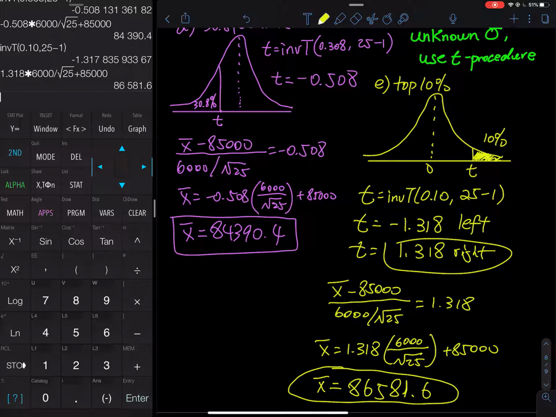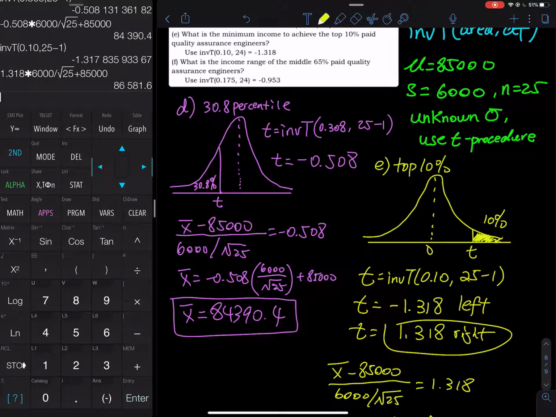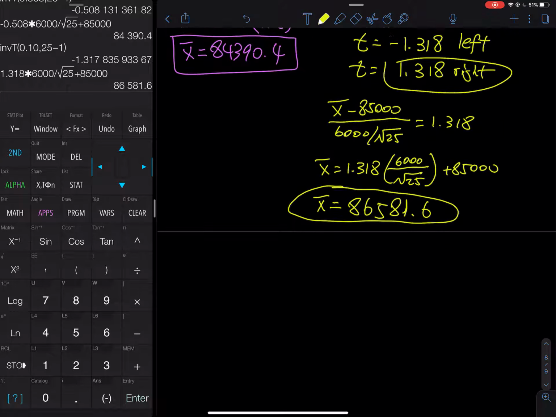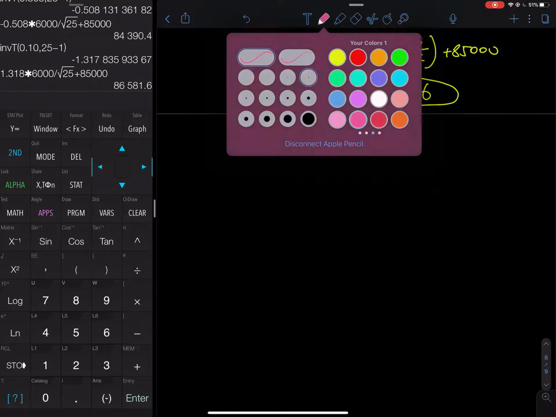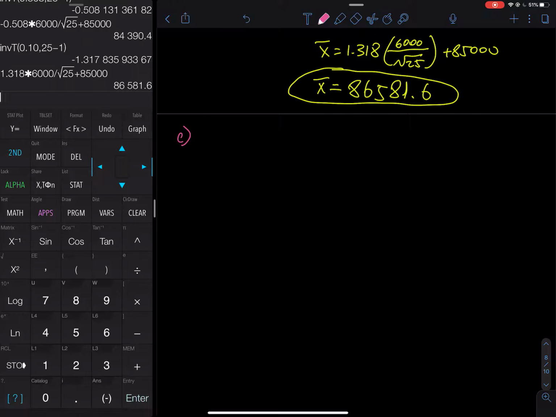So let's say you have this job and your income is way over this, and then you can show off to your friend and say, hey, my income is top 10% because my pay is way above this number. And then the last one, they ask for the middle 65%. So you draw a T curve and then you cut 65% in the middle.